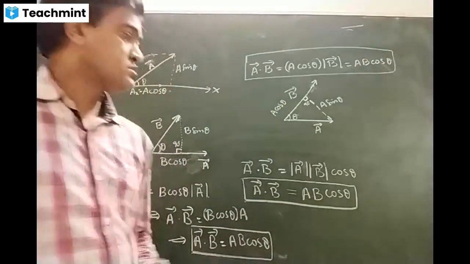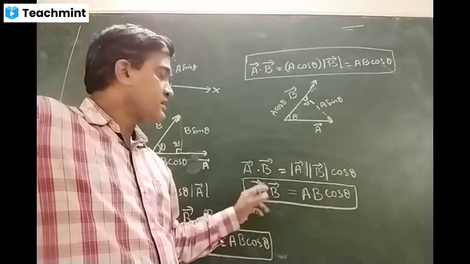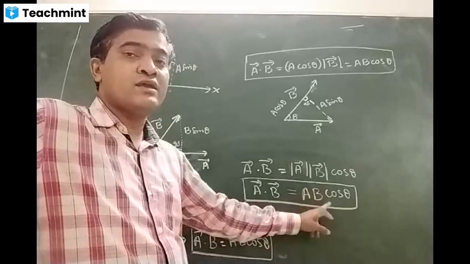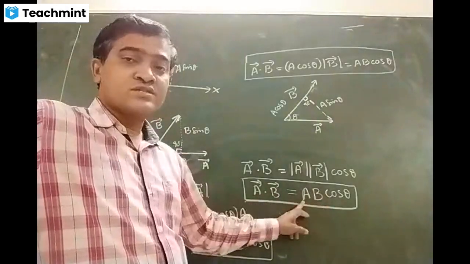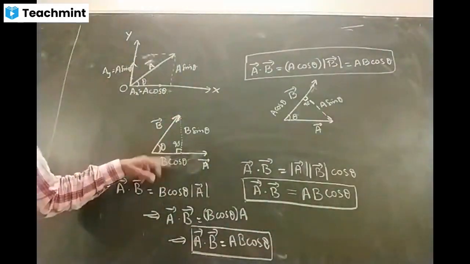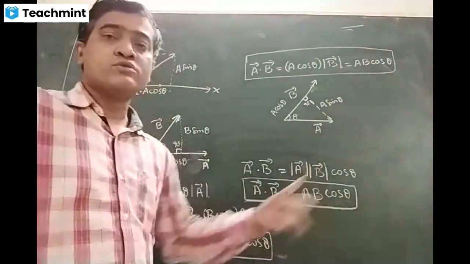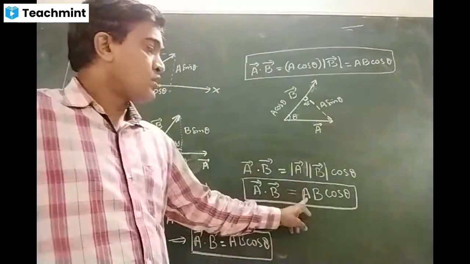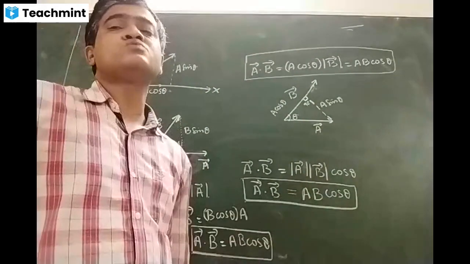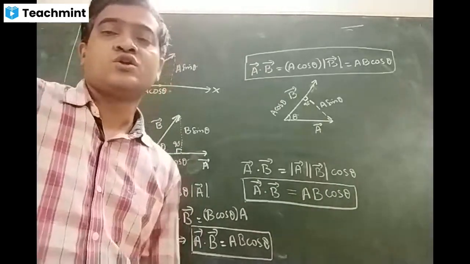So I can define the dot product of two vectors A bar and B bar as the product of the magnitudes of two vectors and the cosine of the angle between the two vectors. Where is the angle I have considered? The angle is between A bar and B bar. In both cases I got cos. This is called the dot product.